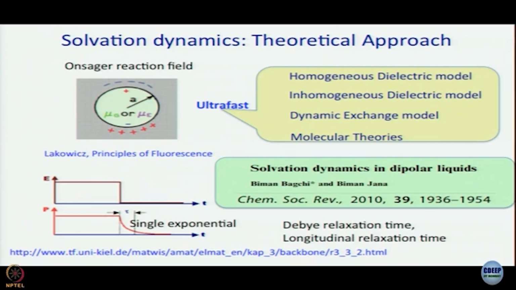Then you have to consider that the dielectric may not be homogeneous, because after all, if you go back and read a basic physical chemistry textbook like Bockris and Reddy's electrochemistry book, what is said is that in the immediate vicinity of an ionic solute, what is the dielectric constant of bulk water? 80 or something like that, right? What is the dielectric constant of water around, say, a sodium ion?